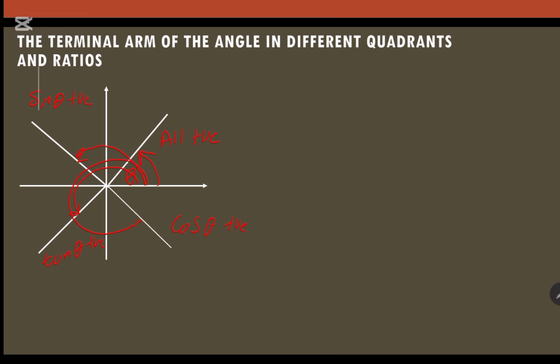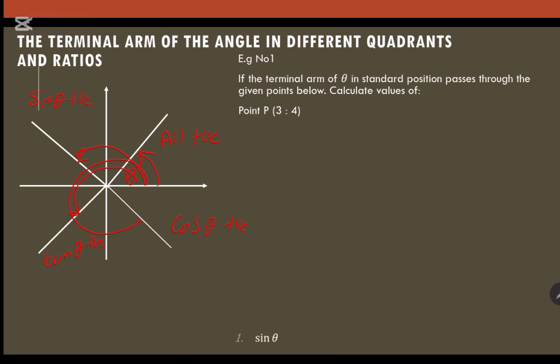Now, with all the information that we discussed about the CAST diagram, we should be able to complete the following exercise. This exercise is meant to strengthen the learner's understanding of the nature of trigonometric ratios in various quadrants. So let's look at that. Example number 1.